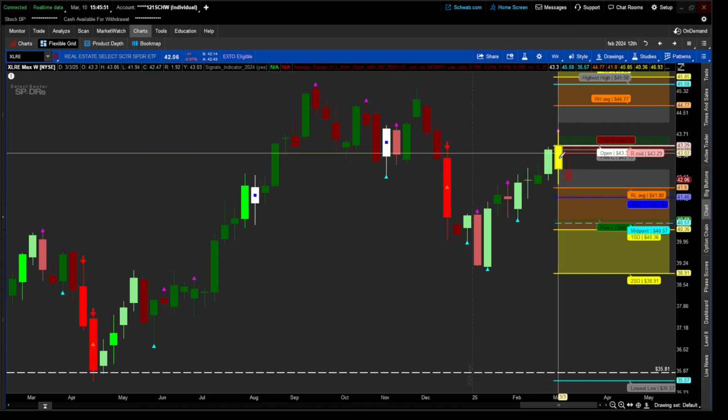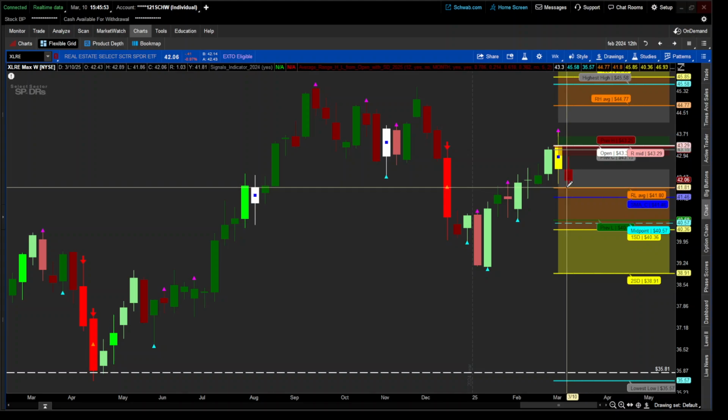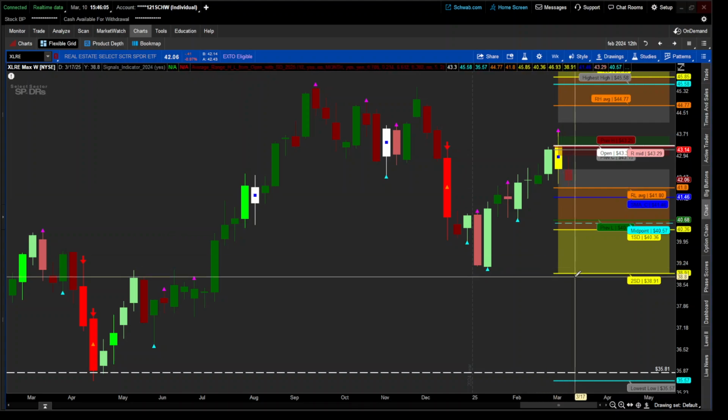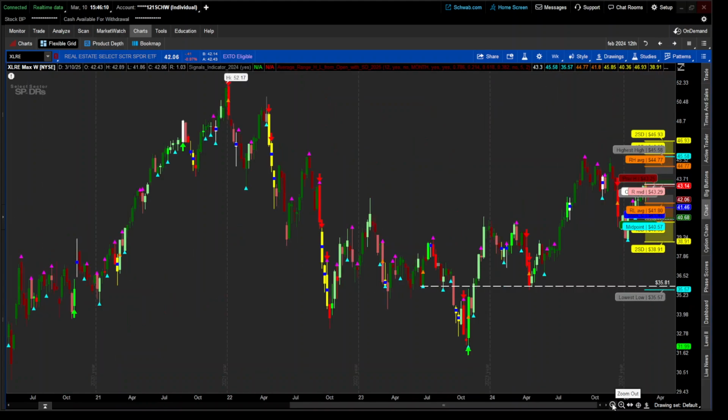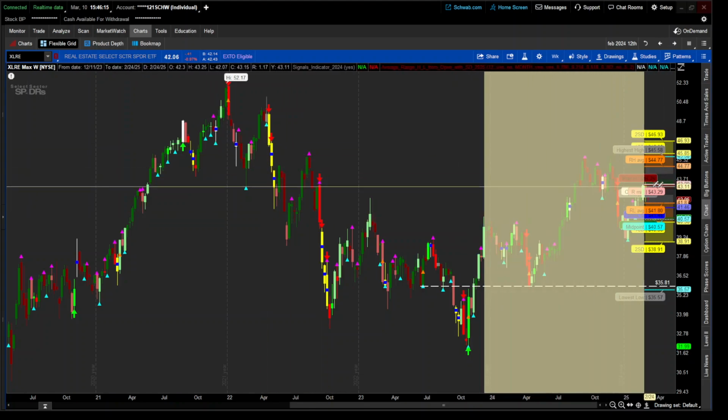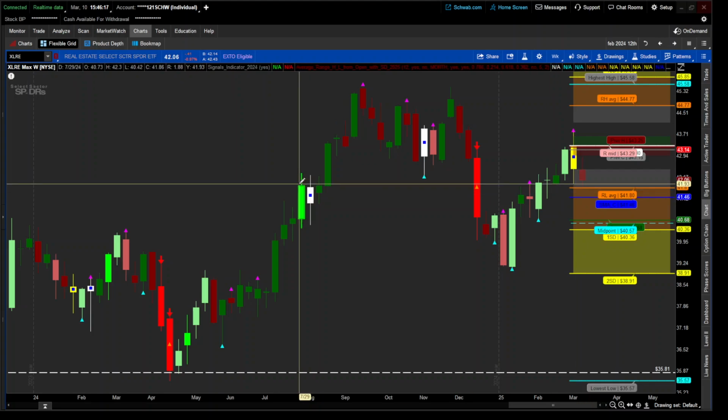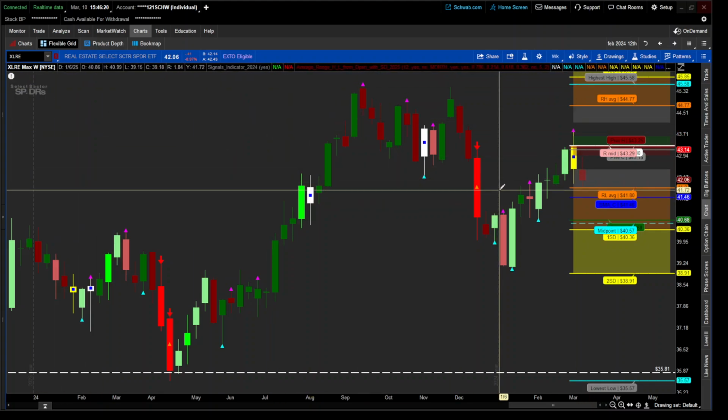So this last week and then this current week, right now, is possibly coming back down to the range low average of $41.80. Possibly see a bounce there, or possibly see a range bounce, because I think that bounce actually came from one of these all-time highs. But that's what XLRE is showing you. But be careful, because XLRE, or real estate, is sensitive to interest rates.